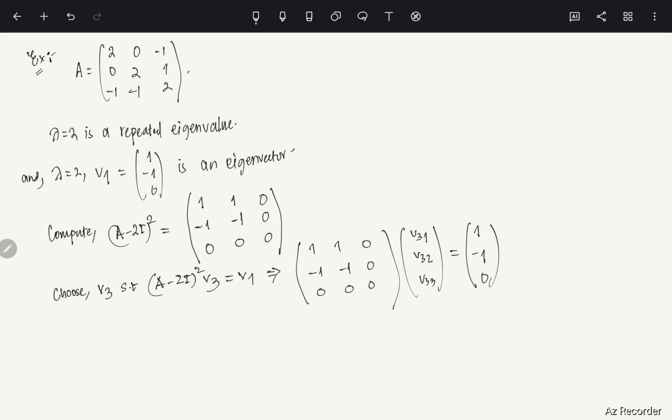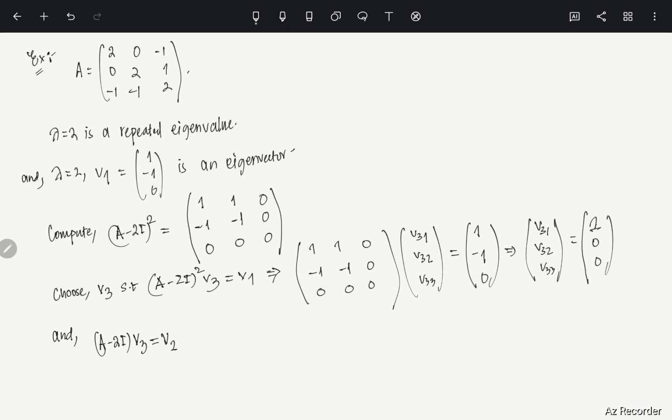So what you get is v31, v32, v33 as 1 0 0, right? And we also choose (A minus 2I) times v3 equals v2.